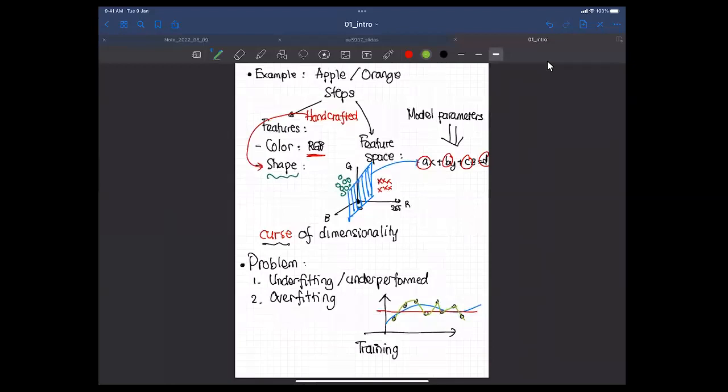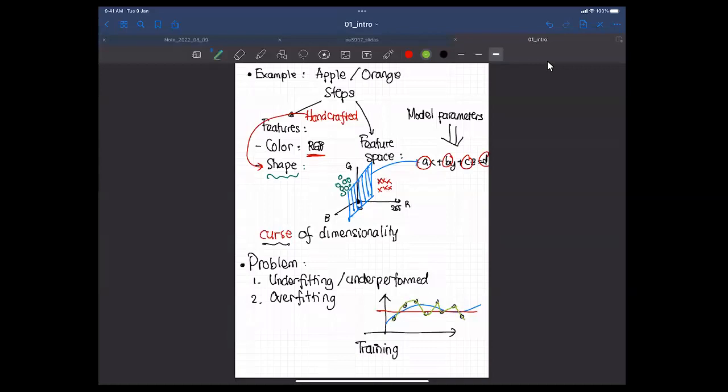Now, during this conversation, or during a small assignment, or when you learn by yourself and do the exercises, if you cannot do the exercises in this training stage, it means you underperform. Even in the training stage, you cannot work on the exercises properly. If you cannot work on the exercises properly, you cannot hope that in the exam you will perform well. That's called underfitting.